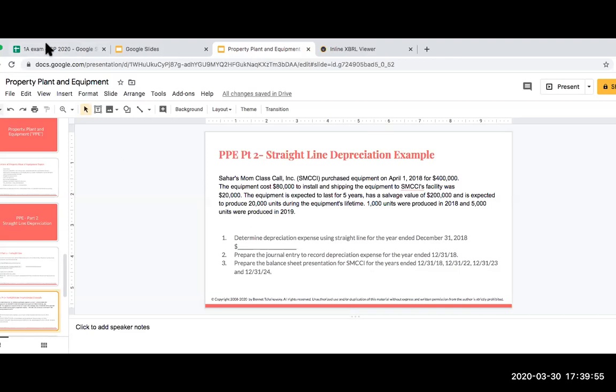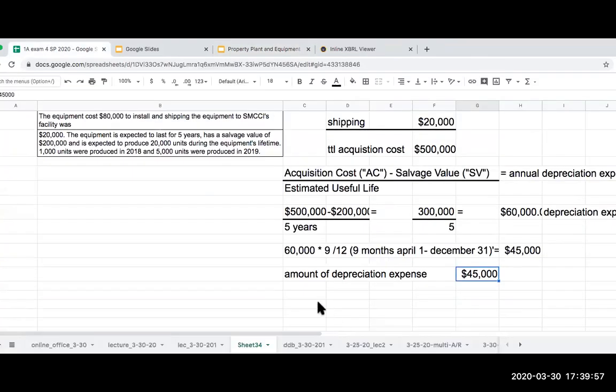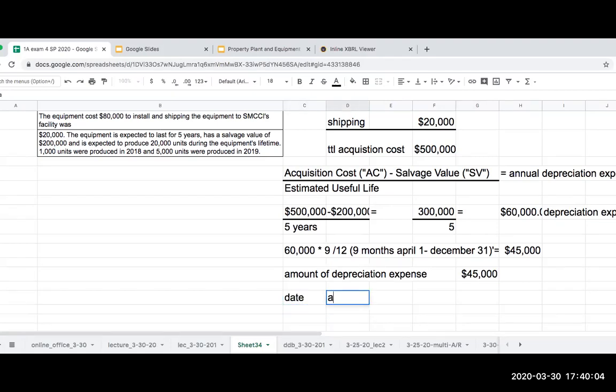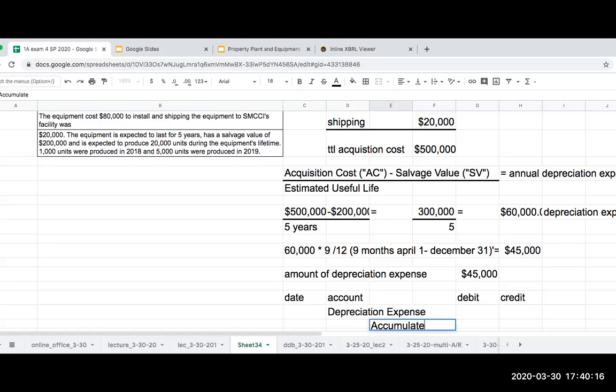The next one is to prepare the journal entry to record the depreciation expense. Whenever I'm recording depreciation, basically the journal entry is always going to be the same. I'm going to be debiting depreciation expense, and I'm going to be crediting accumulated depreciation on the equipment.